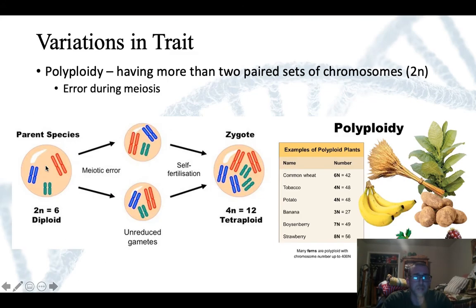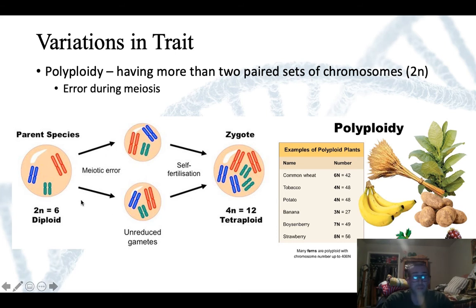If polyploidy occurs, that doesn't happen, right? For whatever reason, these chromosomes don't separate. So you get an additional copy of chromosomes when you combine them into an egg cell.